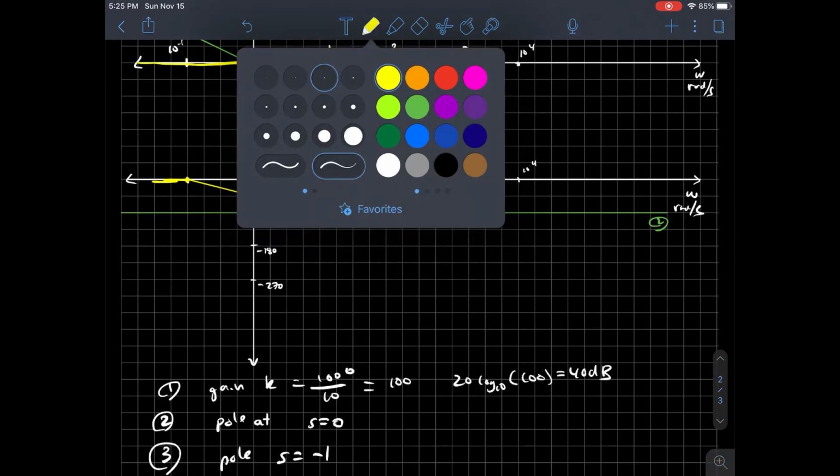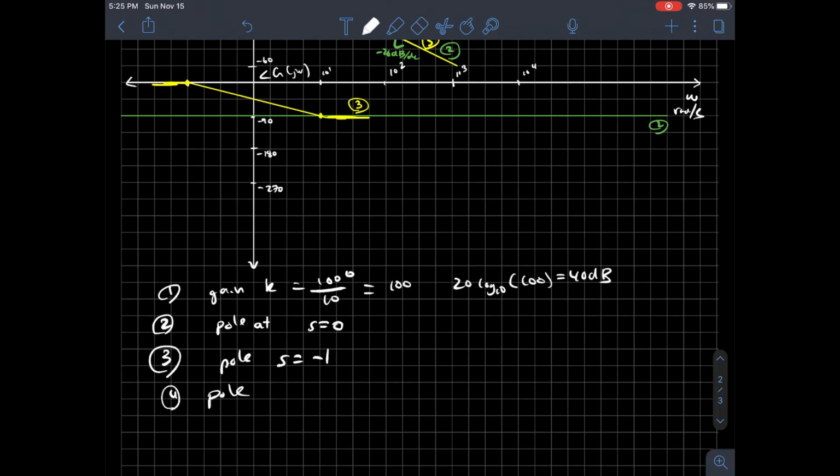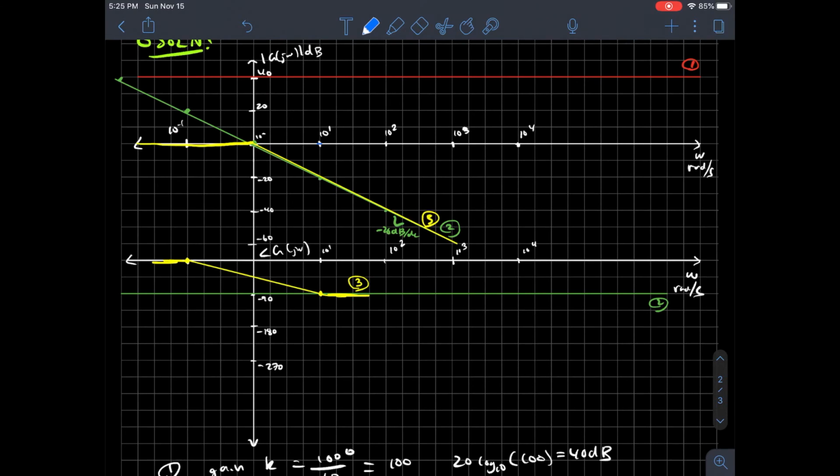And lastly, I've got a pole at s equals negative 10. At 10, that means that the magnitude is 0 until it reaches 10, and then at 10 it's going to decrease at negative 20 decibels per decade, and let's call that number 4.